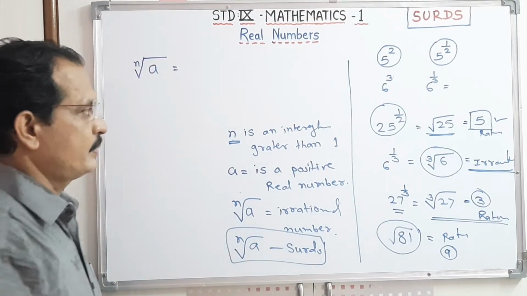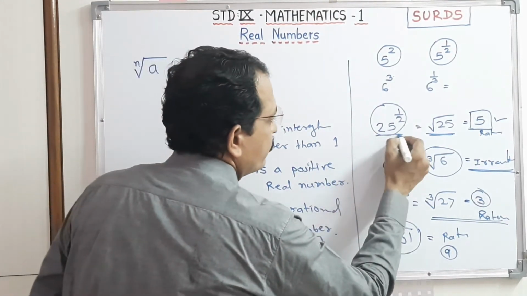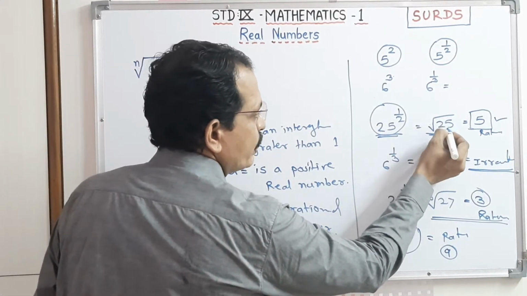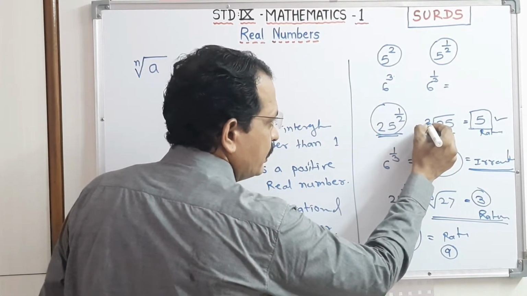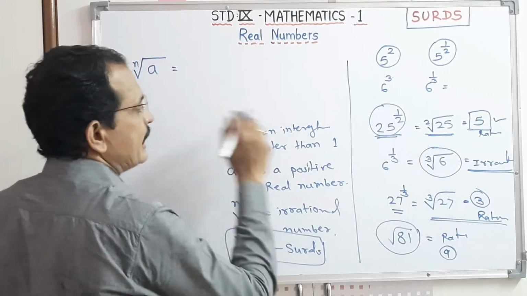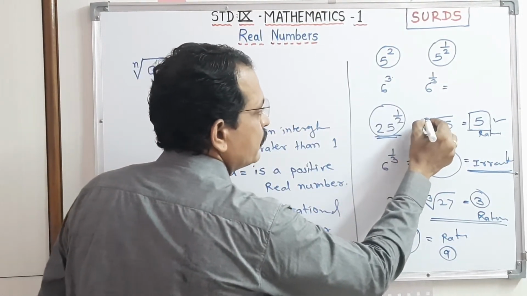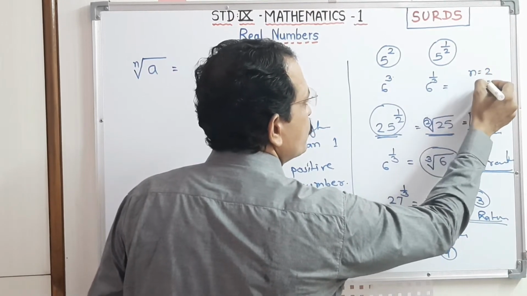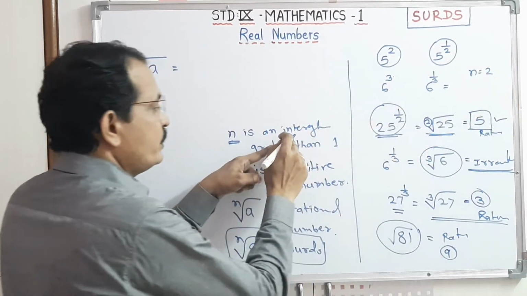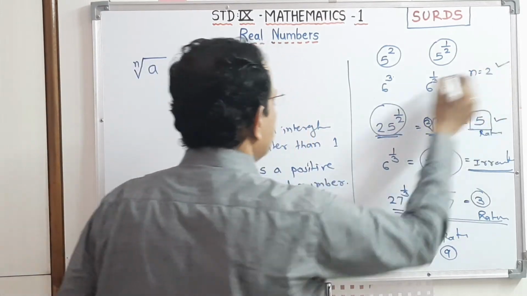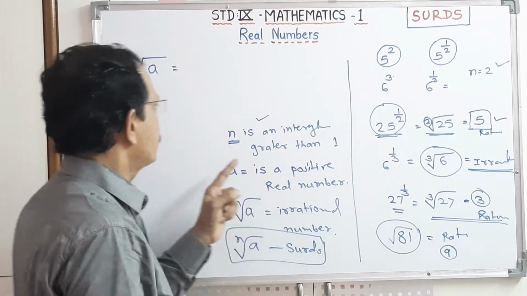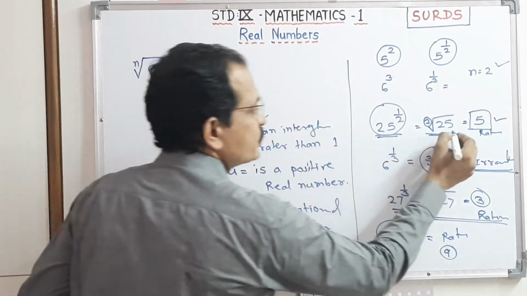Now see here, I write here 25 raised to 1 upon 2, that is the square root of 25. Square root of 25, that means here the number denoted by n is 2. Now n is equal to 2 and this n is equal to 2 is a positive integer greater than 1. That is, the first condition is fulfilled. Then second condition, this a means here it is 25.